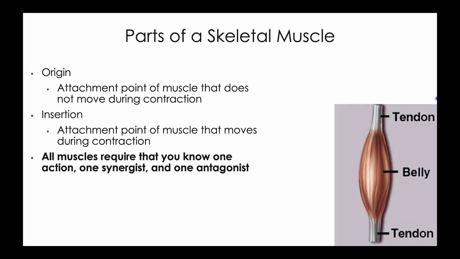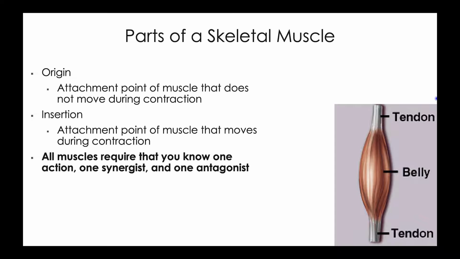All of the muscles that you learn moving forward require that you know one action for each muscle, one synergist of each muscle, and one antagonist of each muscle. If you learn that one muscle is flexing the forearm and you know another muscle flexes a forearm, great, you've got a synergist.